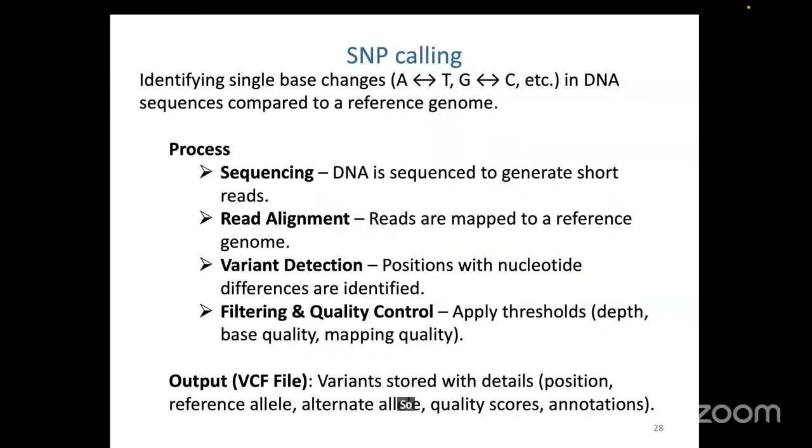So you go through all the genome where there was an alignment and see if there is any difference with the reference genome. And then of course you do the filtering. There's some statistics that you do, and then your output file is always called a variant call file. And that file stores the position, the reference and alternate allele, and gives you the quality score.